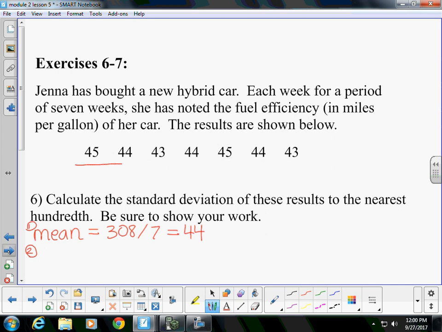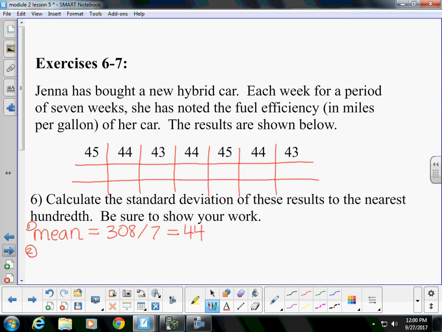If you don't, rewrite them. But you're going to need 2 more rows. Now we're going to find the deviations from the mean, the data value minus the mean.